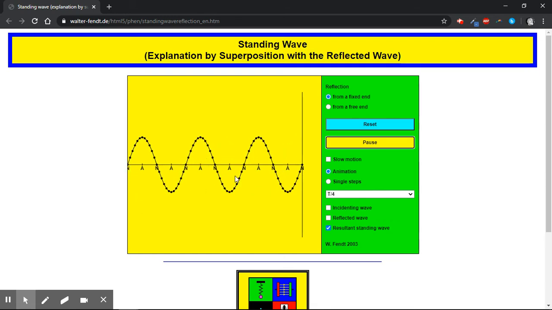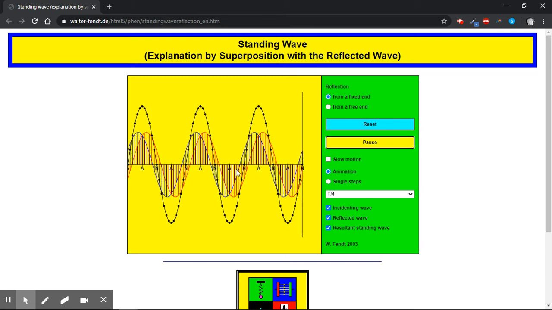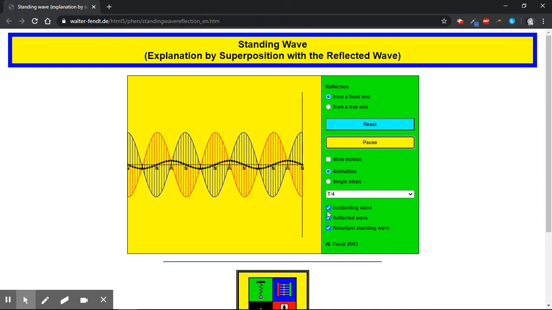So a node is an area where no matter what's happening, there is always destructive interference, 100%. Wherever there's an A, there's constructive interference. And in between these different areas, there is a mixture of constructive and destructive interference.